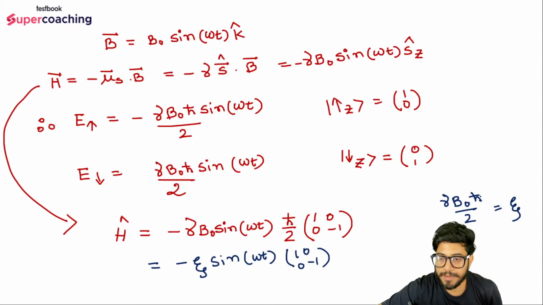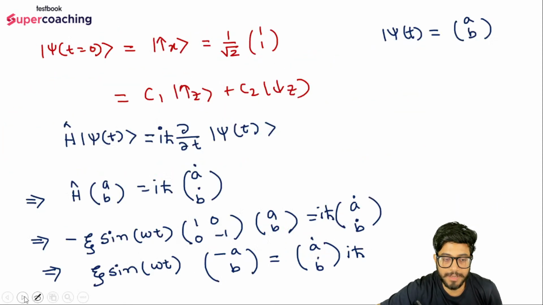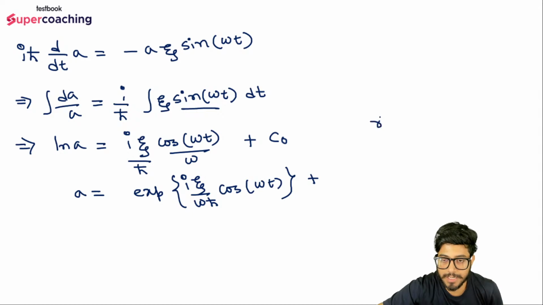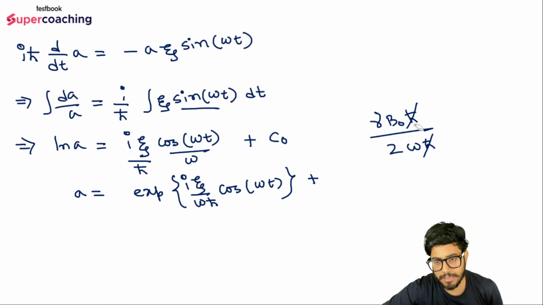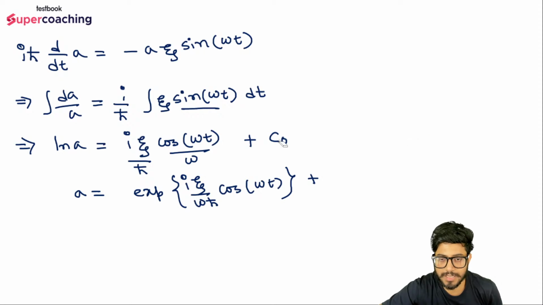Zeta is basically gamma b naught h cross by 2. Zeta is basically gamma b naught h cross divided by 2. I can write omega h cross, h cross cancels out. So gamma b naught by 2 omega can be taken as 1 by root 2. So this thing shouldn't have to be done separately.